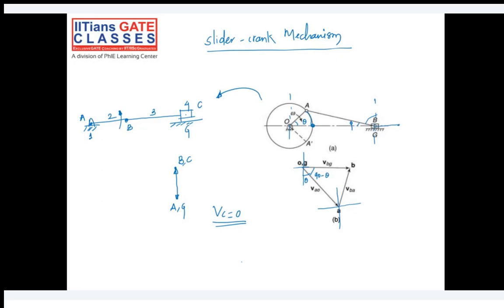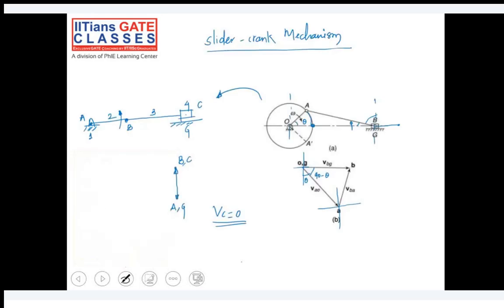So I'll use a red pen to show you. If you rotate to here and B will come here, that is what I am trying to draw. So this figure will indicate that situation.